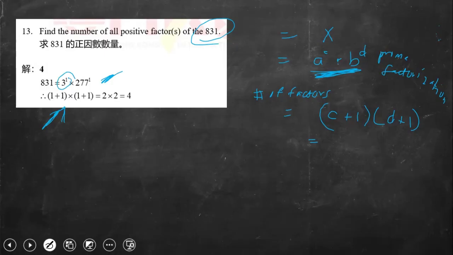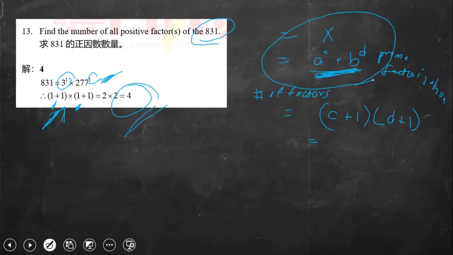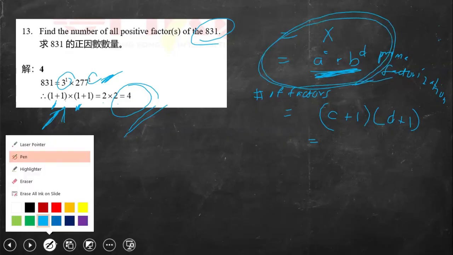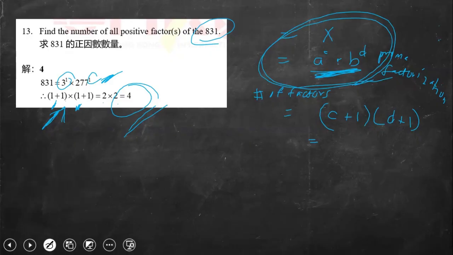Since the exponents of both are 1, just add 1 here and add 1 here, so we have 2 times 2, which is equal to 4. Notice the importance of formulas. Remember, you need to get the prime factorization, then the exponents of the prime factors, then add 1 and multiply them together.